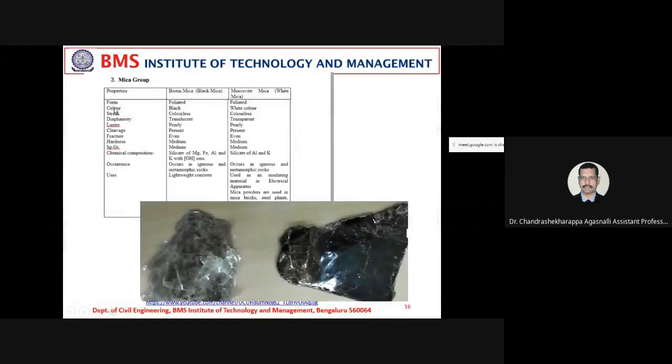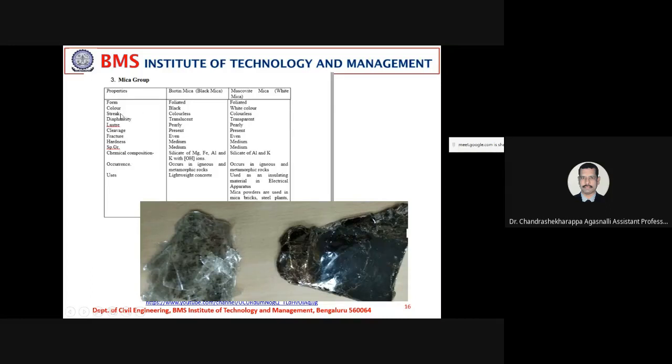Here, biotite mica is the black color and muscovite mica is the white color. So how do we identify these properties? The color will be black, as you have seen, and the form will be foliated, just like a sheet.